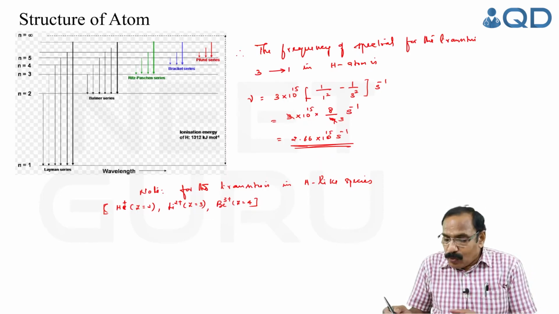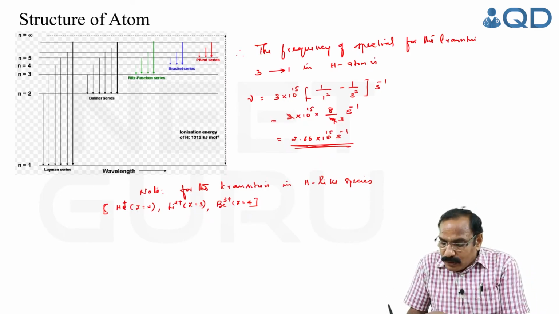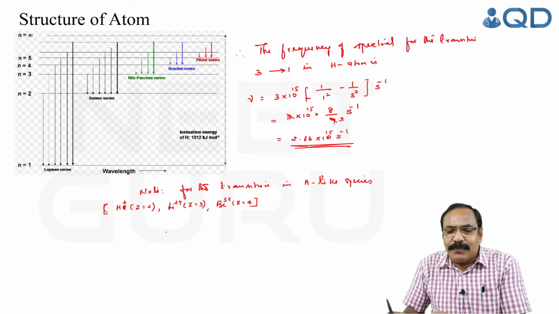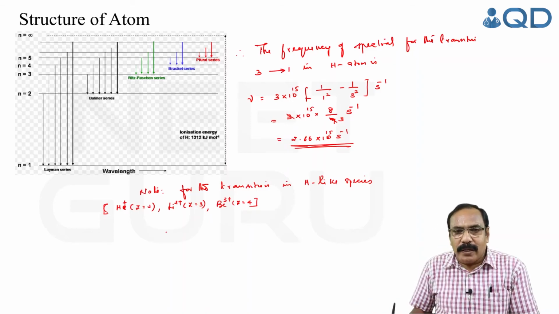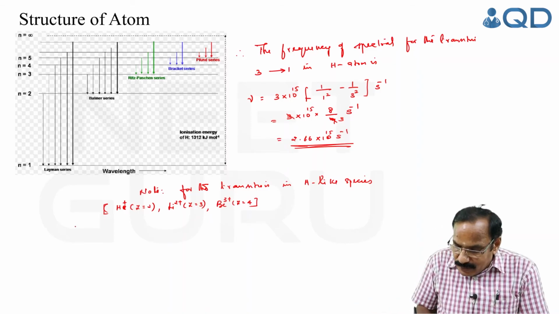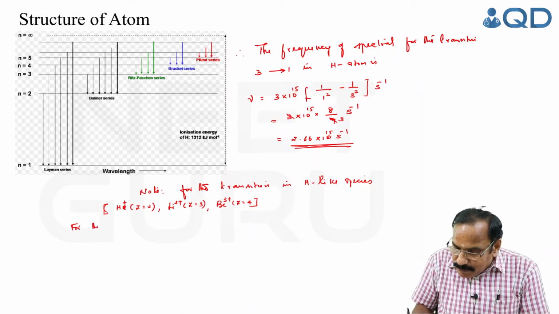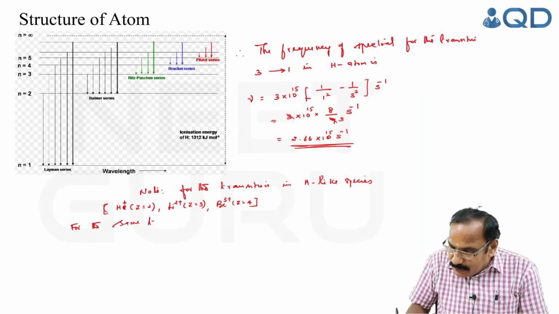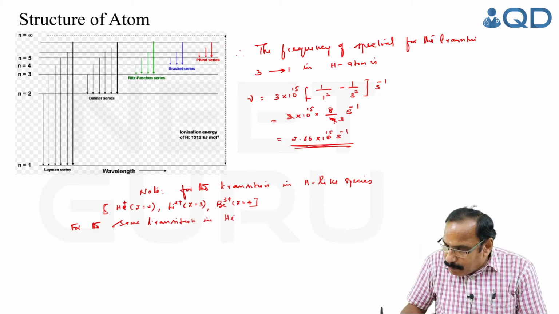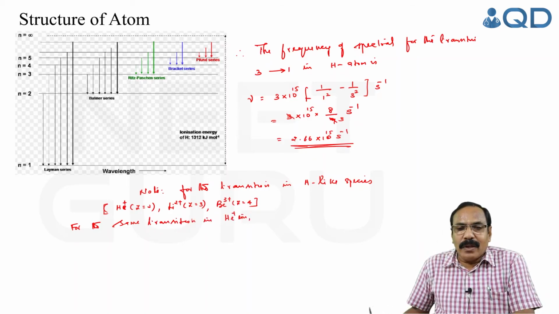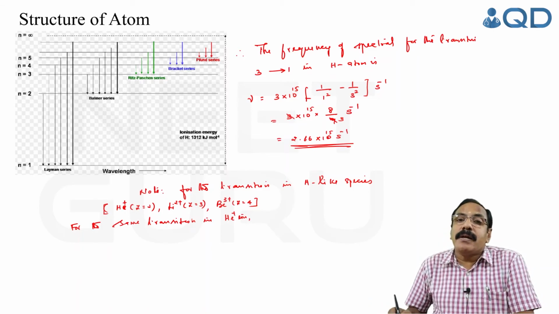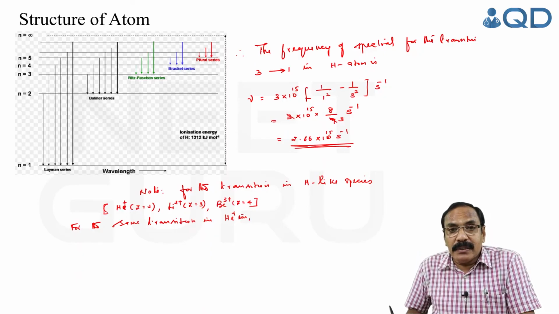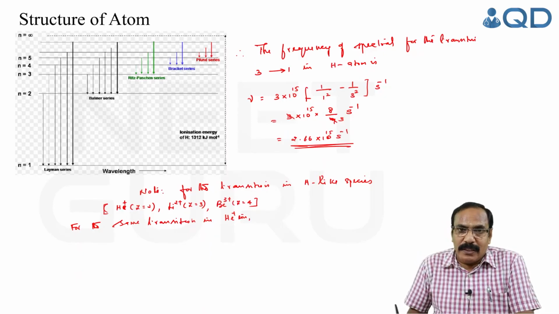So, suppose you want to calculate for a hydrogen-like species for the same transition, what is the frequency? You multiply with Z square. That's what. For the same transition in helium plus ion, remember, such questions are always asked for NEET.